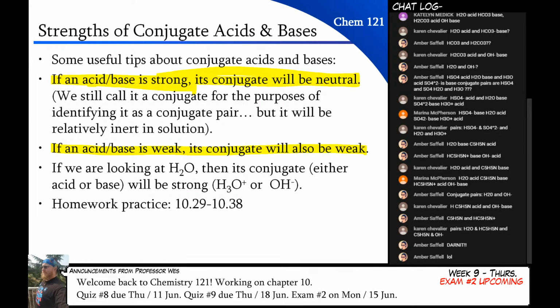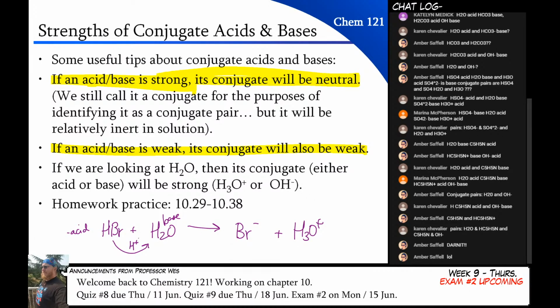So like if I had HBr plus water, well, let me write that reaction out. So if I had this reaction, the HBr would pass its H plus over to the water, meaning that it's our acid and this is our base. And so you'd get this.